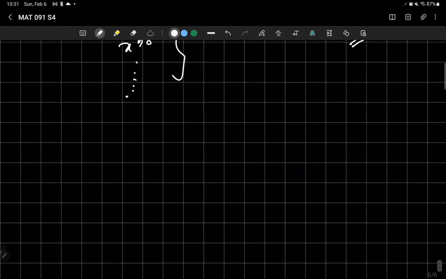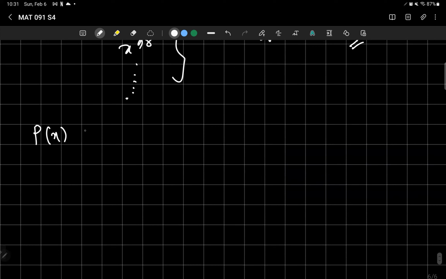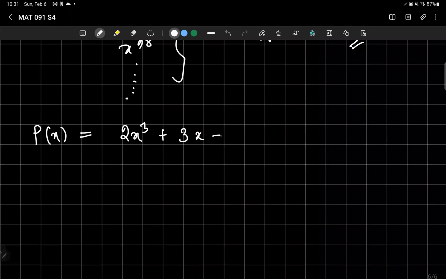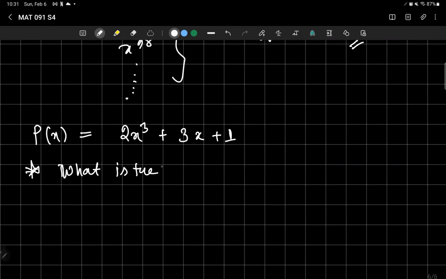Sometimes a polynomial will be written like this. Let's say p of x is equal to 2x cubed plus 3x plus 1. And let's say I ask you, what is the coefficient of x squared?